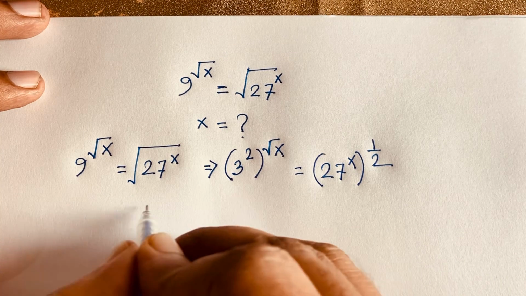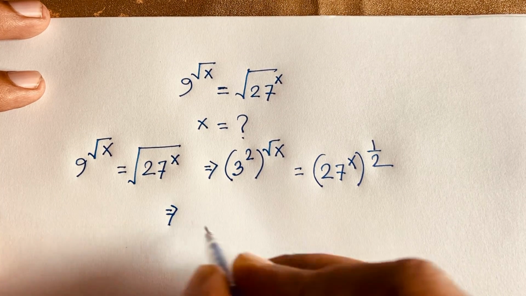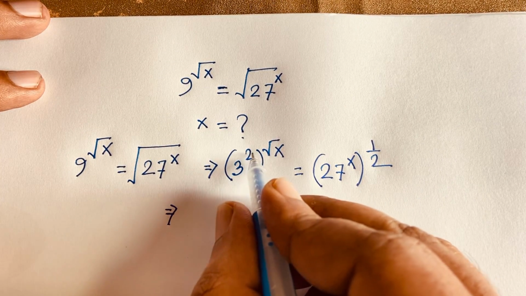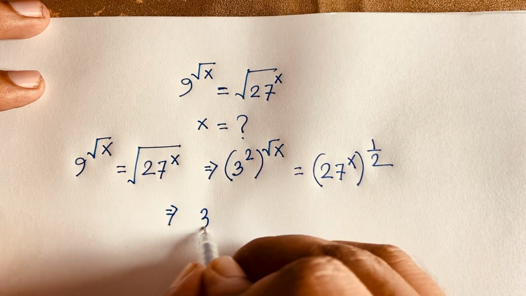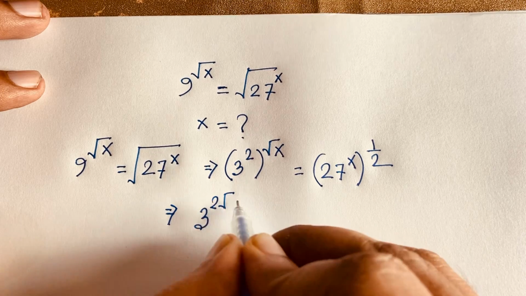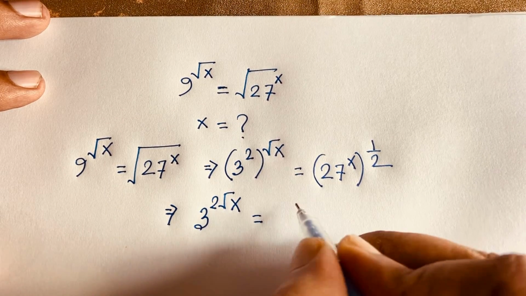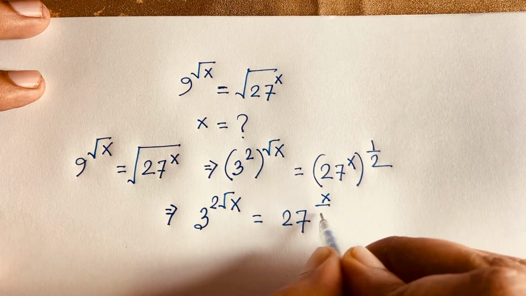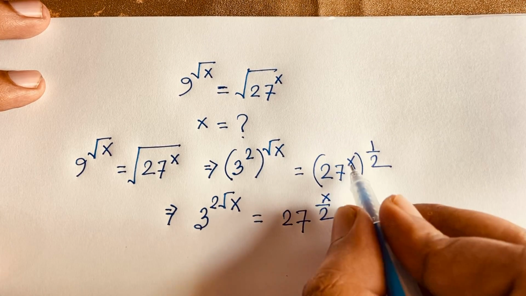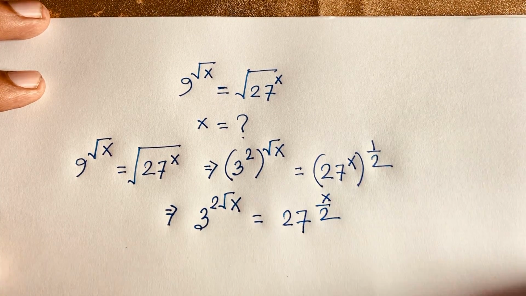Then this equation, I can easily write 3 to the power 2 times square root x, according to the exponential law. So it will be 3 to the power 2 square root x is equal to 27 to the power x over 2. I multiply both exponents, x times 1 over 2, it will be x over 2.